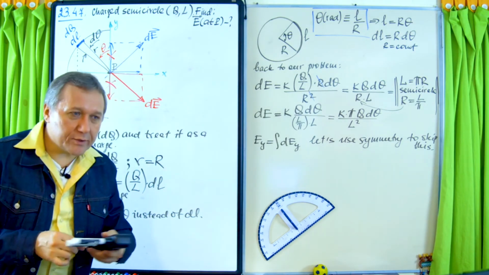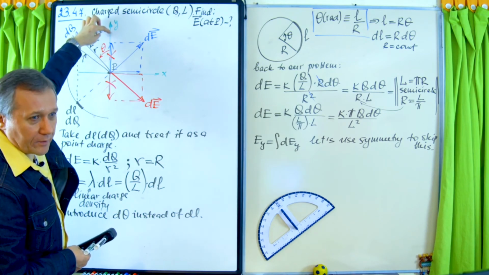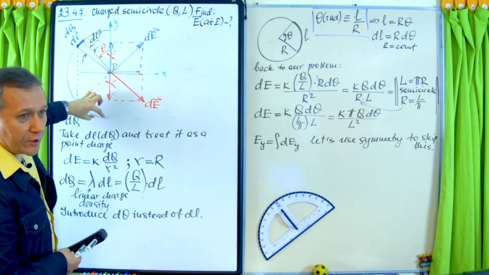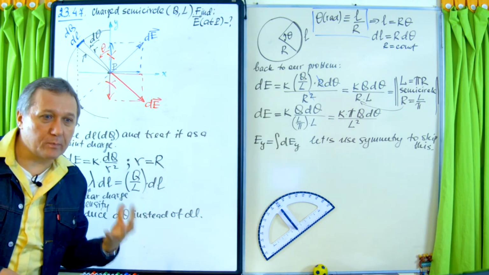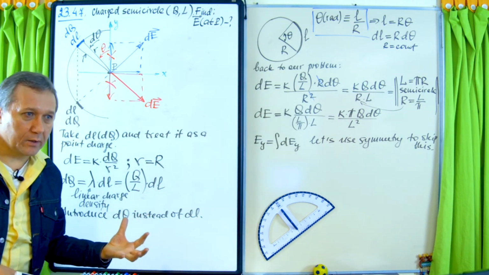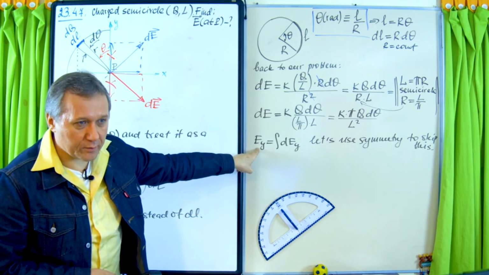So during your integration, it doesn't matter which section you pick in the upper part, there will be a section in the lower part with the opposite y contribution. So every time the y components are going to cancel each other, and this integral will be 0.